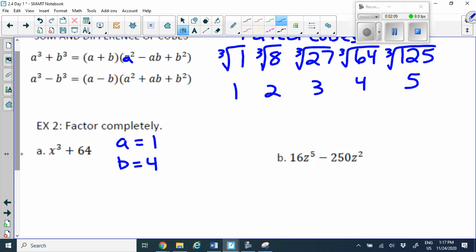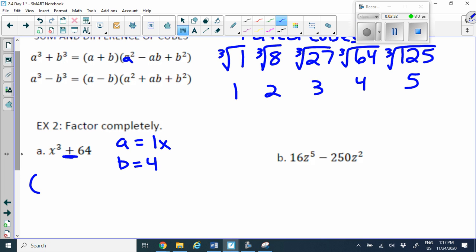Now we're going to plug 1 and 4 into our formula. Notice we have addition here, so this is a sum of cubes, so we're going to do a plus b, and then a squared minus ab plus b squared. Don't forget that our a also involves the variable. The cube root of a variable cubed is just that variable.